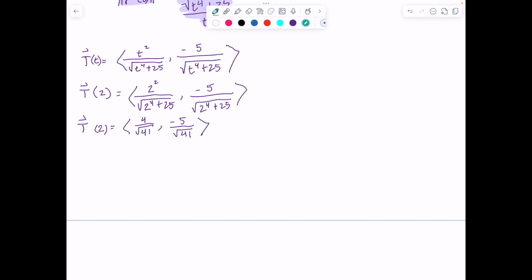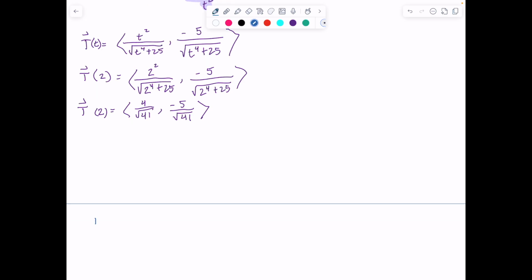So to find the normal component, we had that our T at t was equal to, I can write it in vector notation, t squared over root t to the fourth plus 25, comma, negative 5 over the square root of t to the fourth plus 25. And that is a vector.